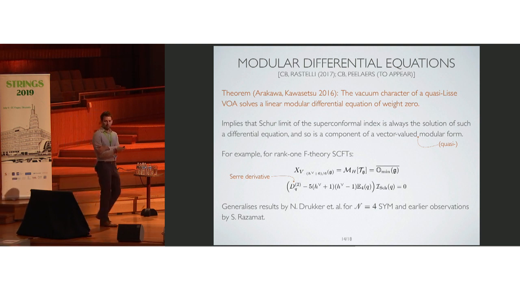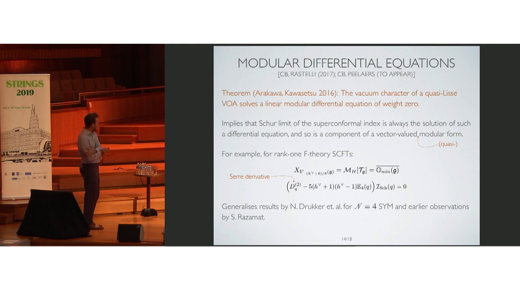So here we see that the abstract structure of vertex algebras immediately puts out a pretty complicated and surprising structure for some related observable, the superconformal index.